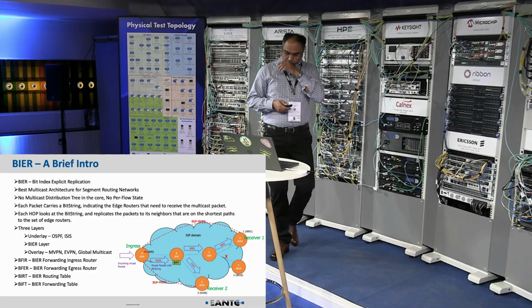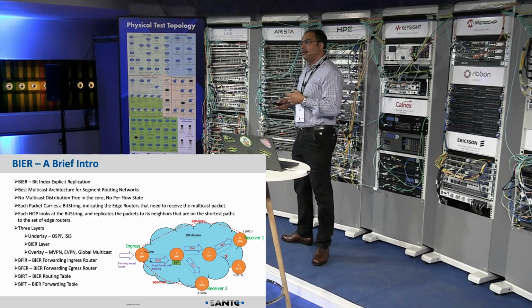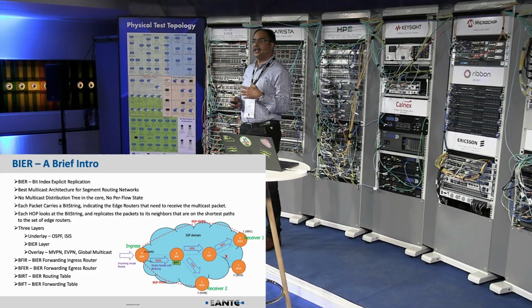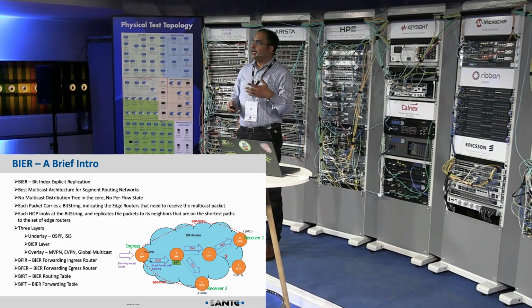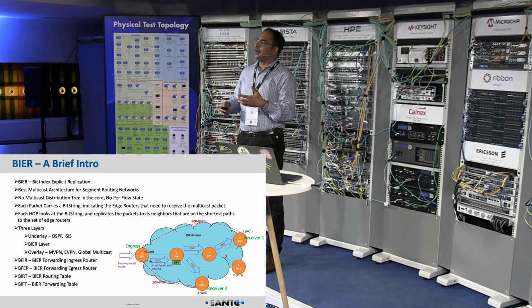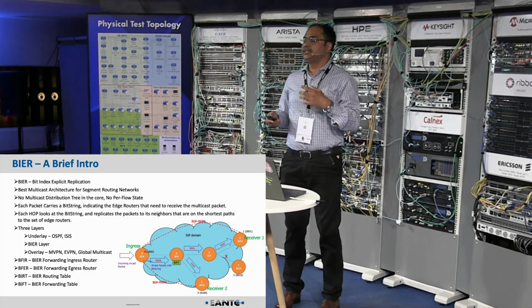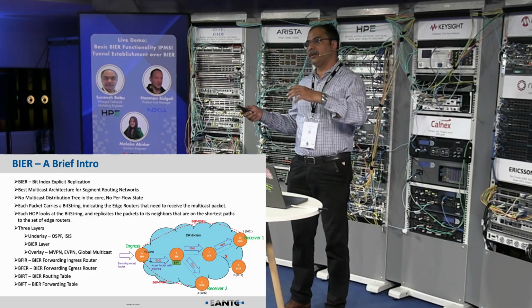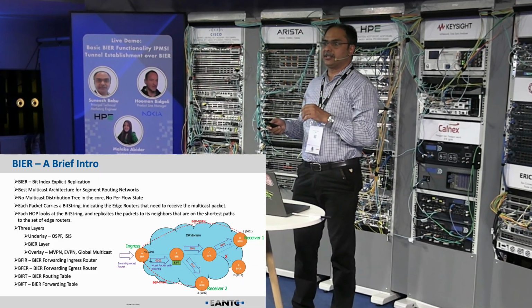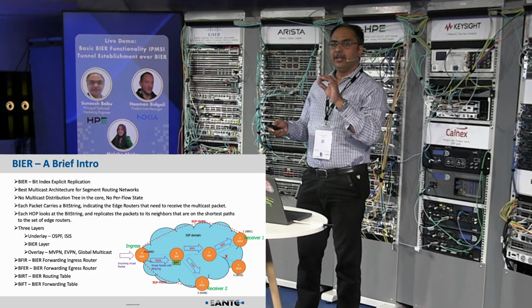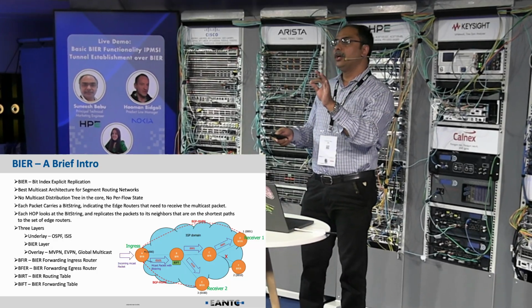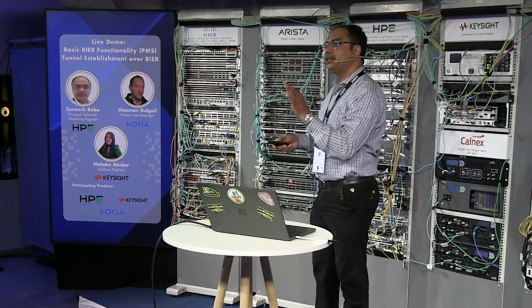In BIER, we can see 3 different layers: the underlay, the BIER layer, and the overlay. To understand BIER, consider a service provider domain with 100 nodes. We will assign a unique number to each node, which is the BFR ID.